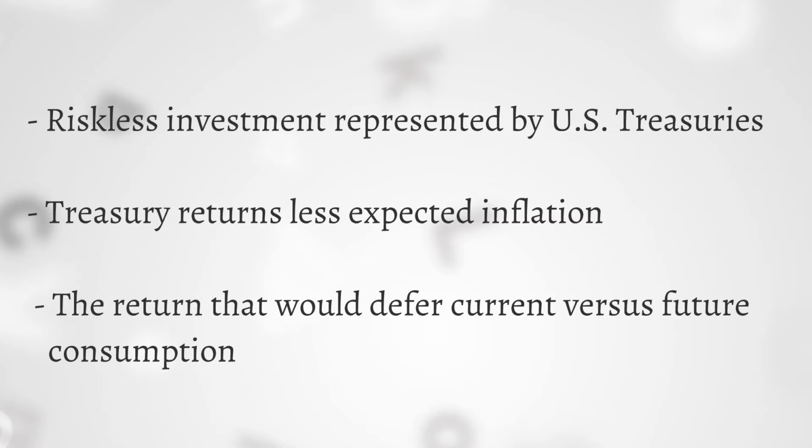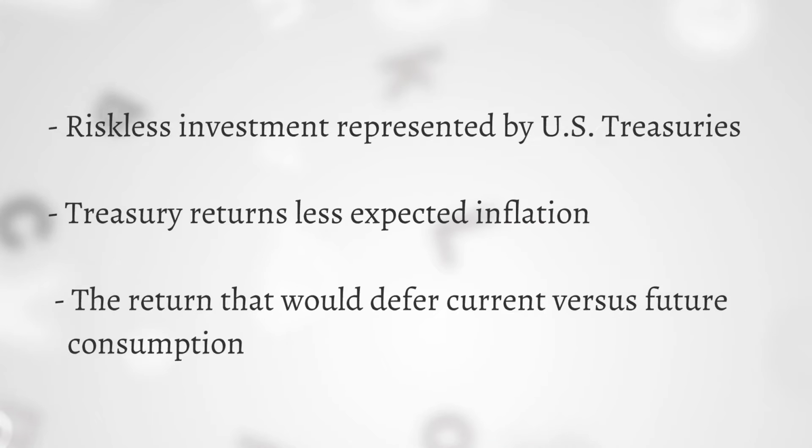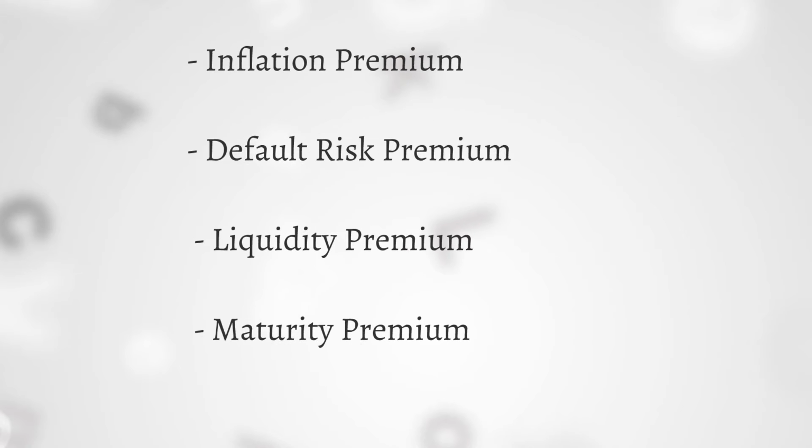Now, only the government can borrow at the risk-free rate. Everybody else has to layer on several premiums, higher interest rates represented by these four components. We saw the inflation premium, which makes up for lost purchasing power, but we also have a default risk. The risk, however improbable, that someone will not be able to make their principal and interest payments on time.